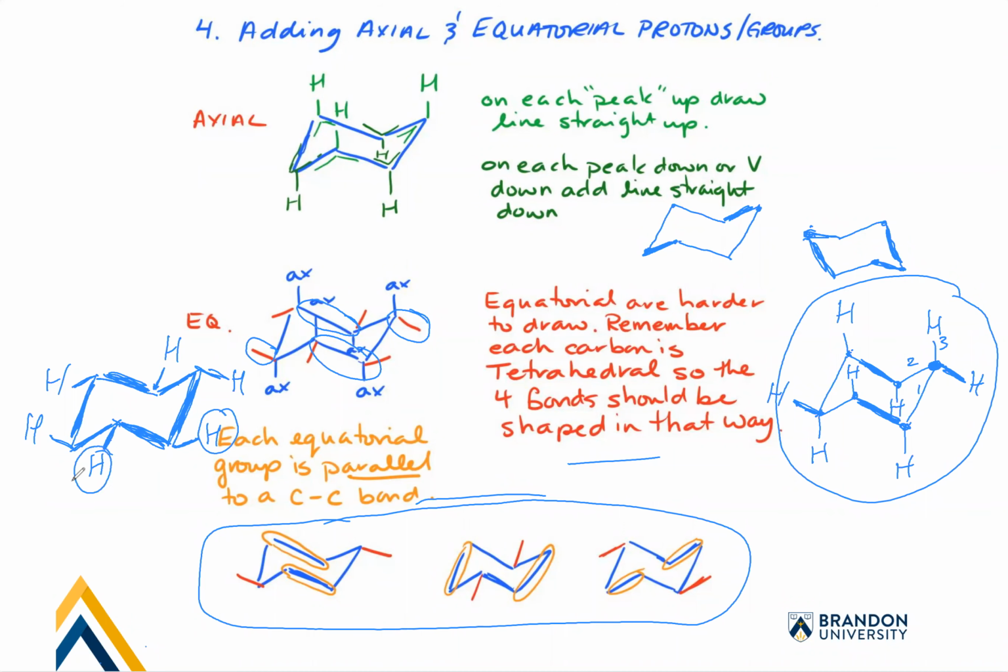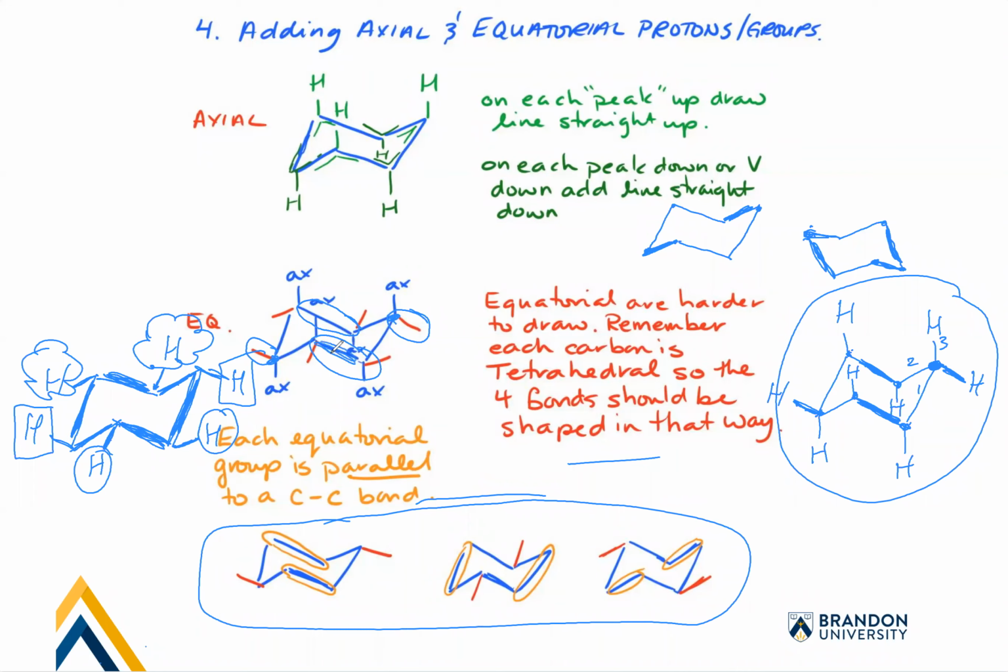The 2 that are in the plane of the board would be the ones in the squares here. And the ones that are farthest away from us, which are pointing away, would be the ones in the clouds, these 2 at the back. So that's sort of how that works. We sort of think of this as that the plane of the blackboard bisects the carbons at the 2 ends of the chair.